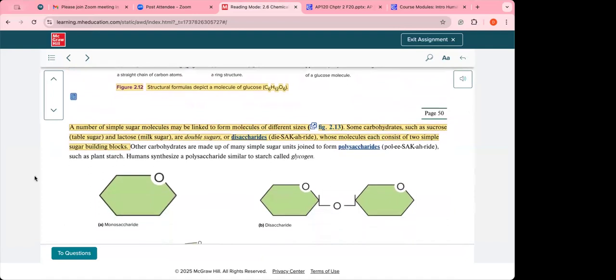A number of simple sugar molecules may be linked to form molecules of different sizes. Some carbohydrates, such as sucrose and lactose, are double sugars or disaccharides. Here's your word in the blue-green color. Disaccharides, whose molecules each consist of two simple sugar building blocks.